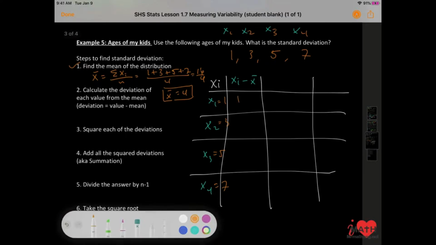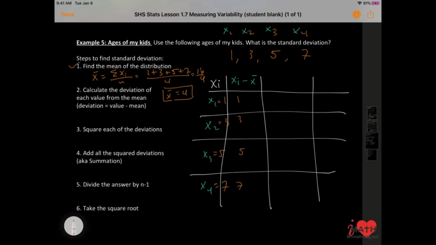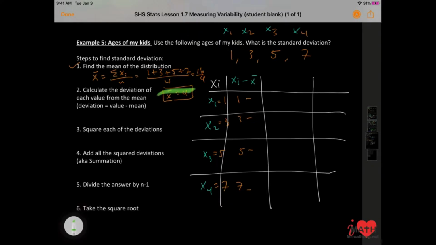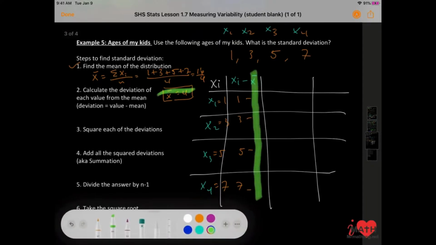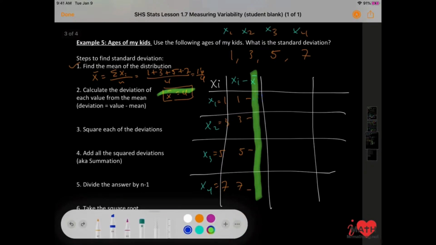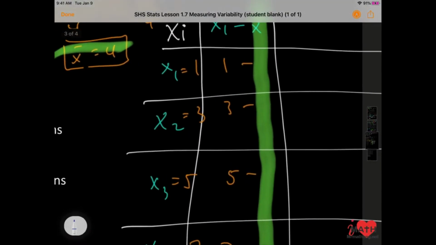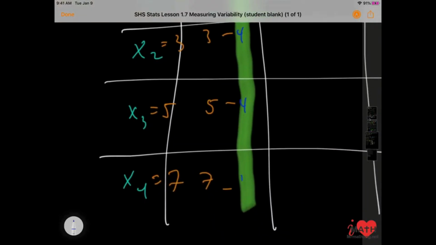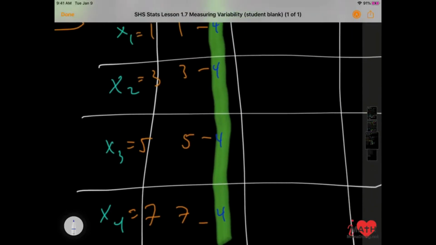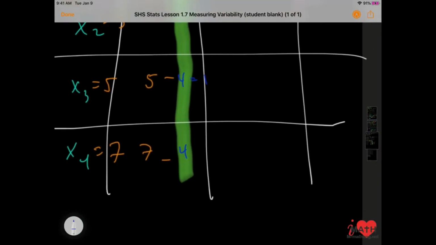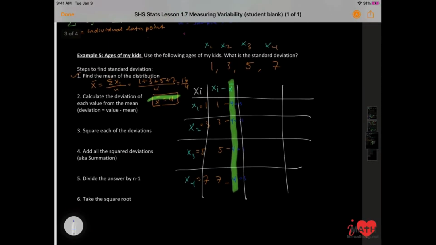We already have these numbers, 1, 3, 5, and 7, and we're going to subtract the mean, which I highlighted in green, so I'm just going to write that number, 4, down the list. If you actually compute these values, 1 minus 4 is negative 3. Use your calculator, guys. No excuse for positive and negatives. And 7 minus 4 is 3.